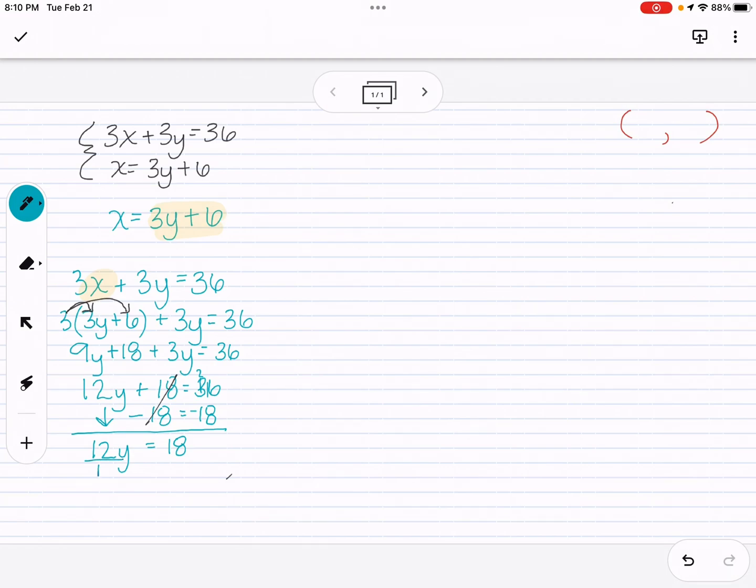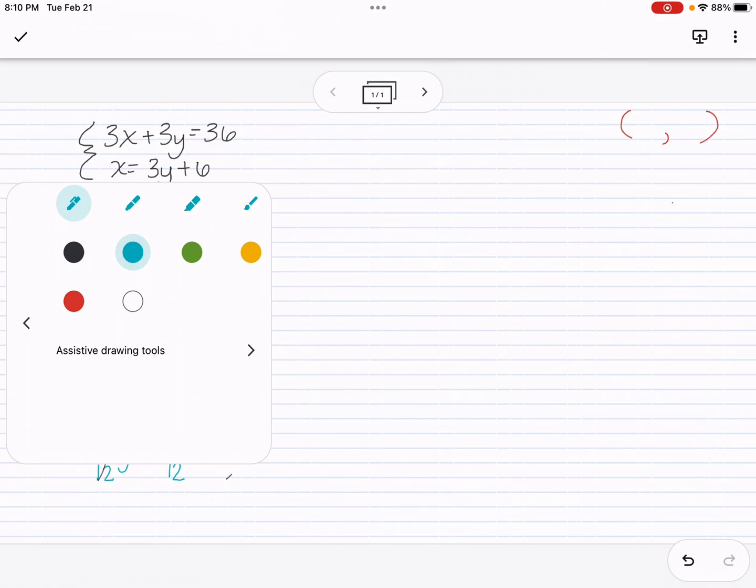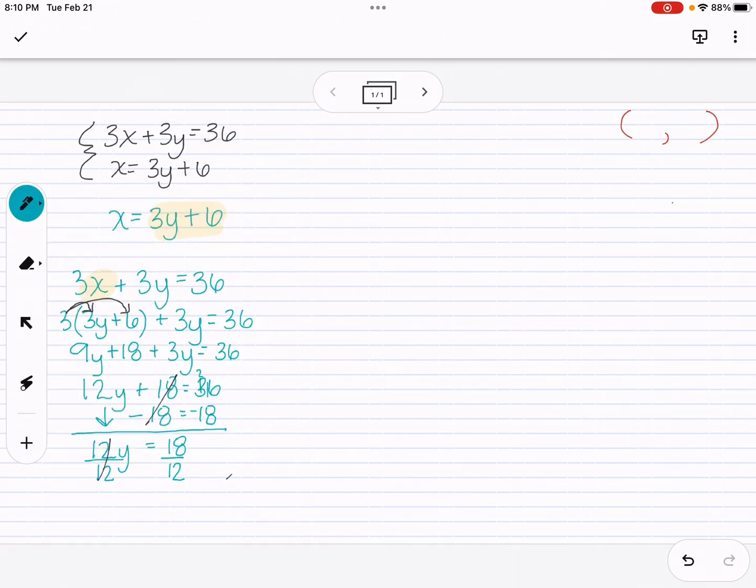Now I can divide both sides by 12 to get rid of that 12. This is going to cancel. And then 18 divided by 12 is 1.5.